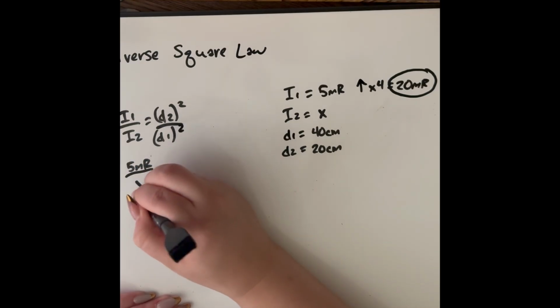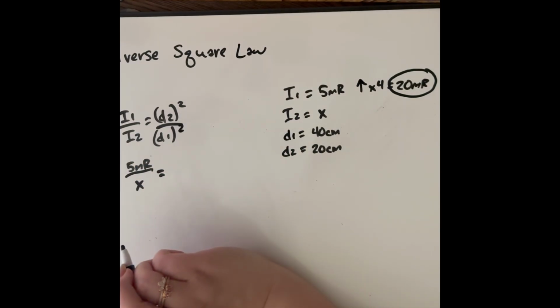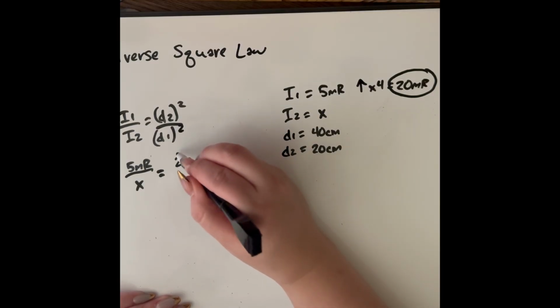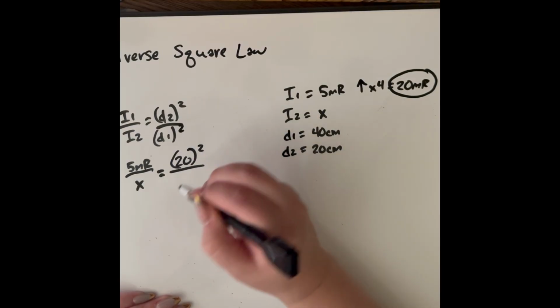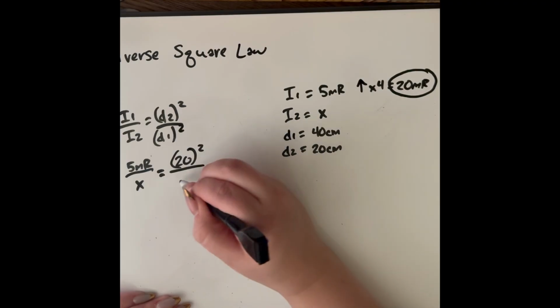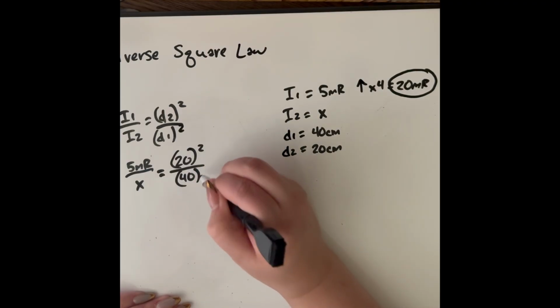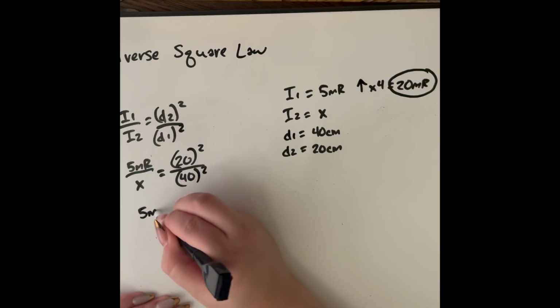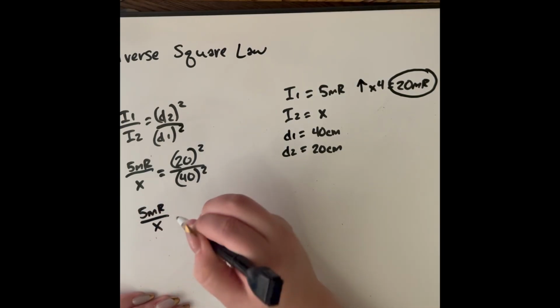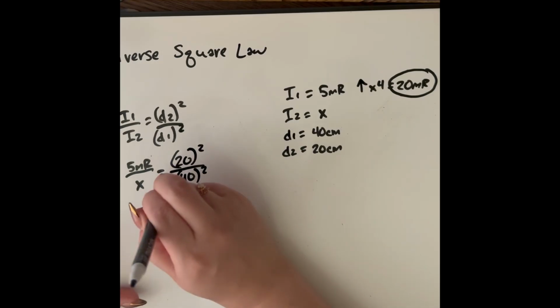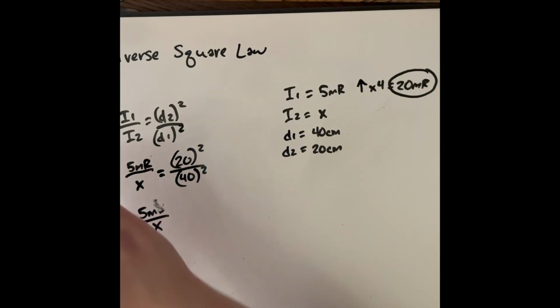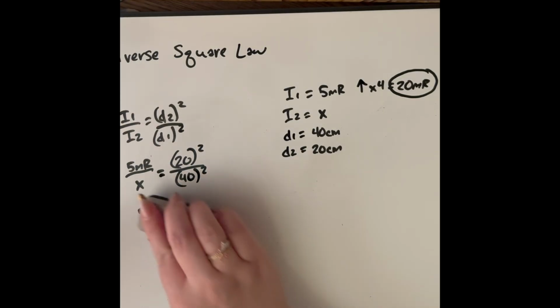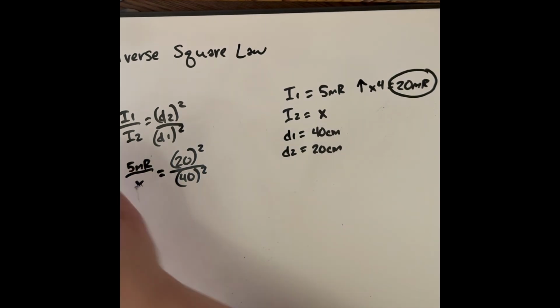Our I2, we're going to make that x. D2 is 20, and we will end up squaring that. And our D1 was 40, and we'll end up squaring that. And then 5 MR over x, which I tell you guys this all the time, we can kind of get rid of that MR because it's not going to matter till the end.